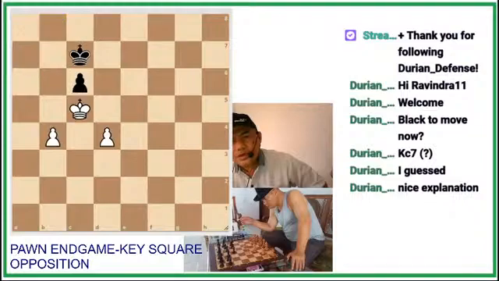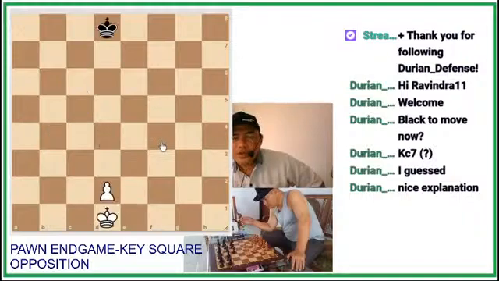Now we have learned about the opposition, and this time we'll see what the distant opposition really is. This is one example of the distant opposition.